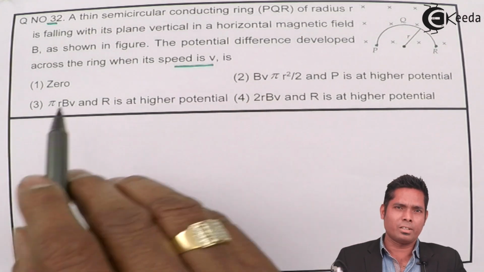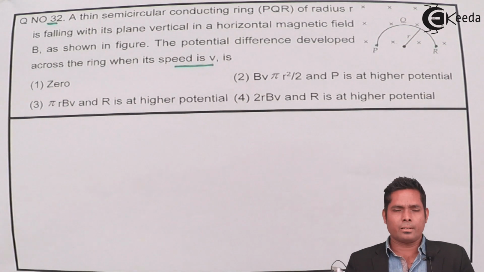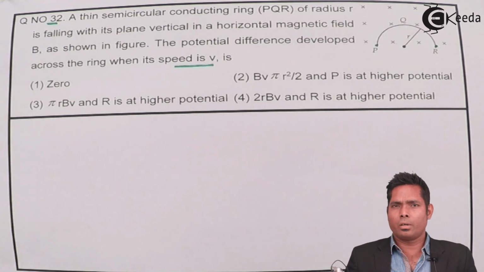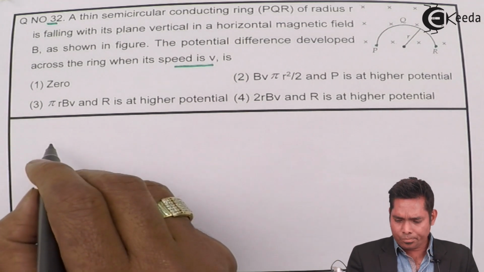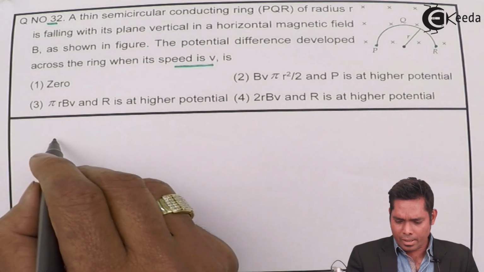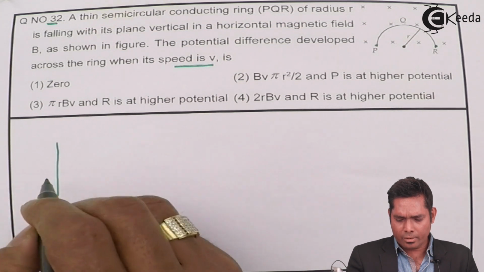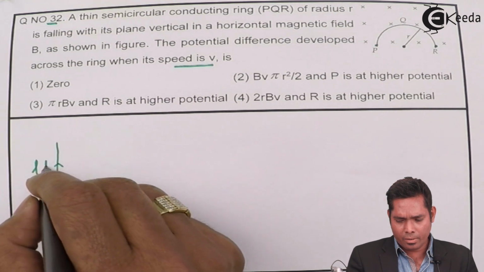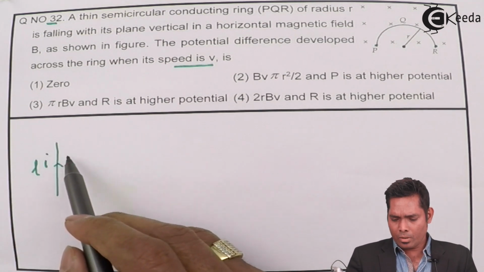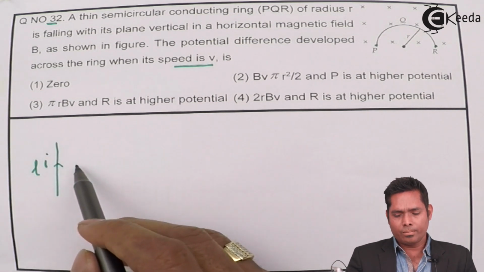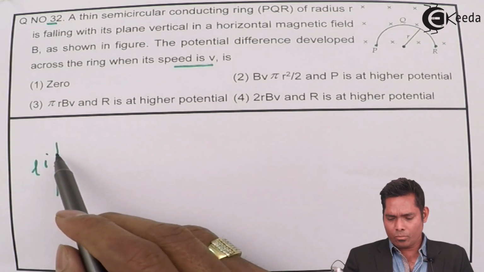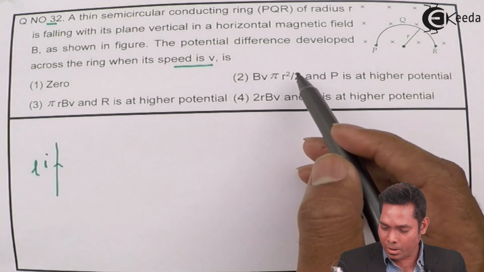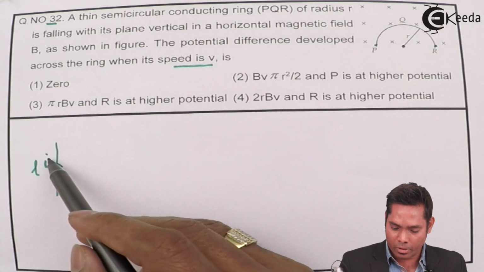That means the potential difference across the ends of the conductor depends upon the velocity of the conductor, because we know that I don't need current.